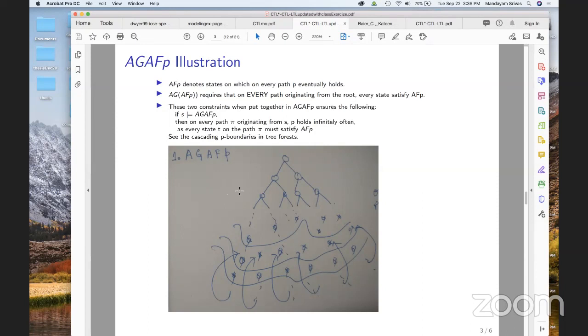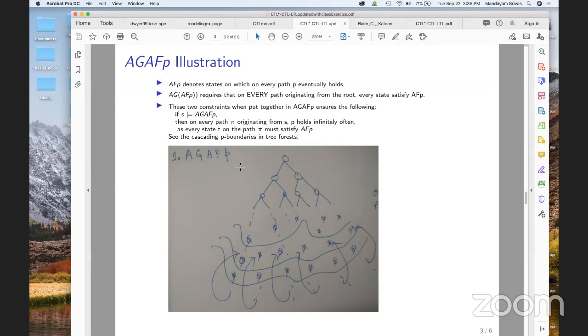But I just wanted to take a moment now to describe in CTL what these various combinations of A and E and G and F would actually mean as CTL formulas. So is everyone convinced that AG-AF of P is equivalent to GF of P?